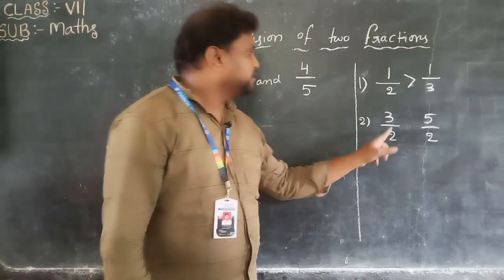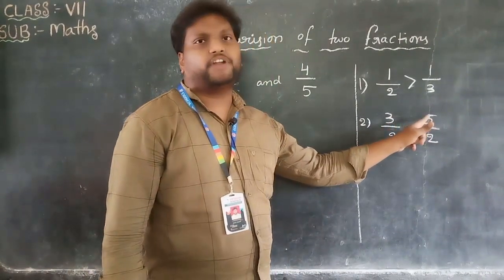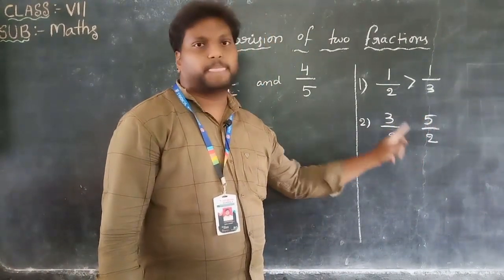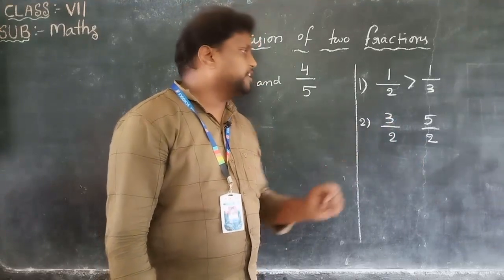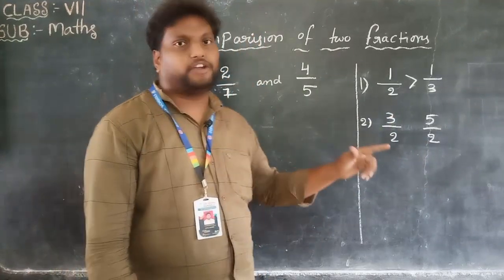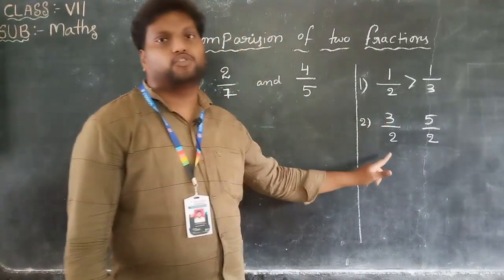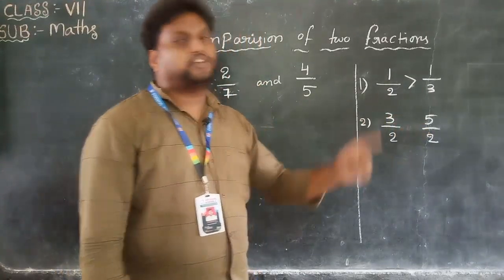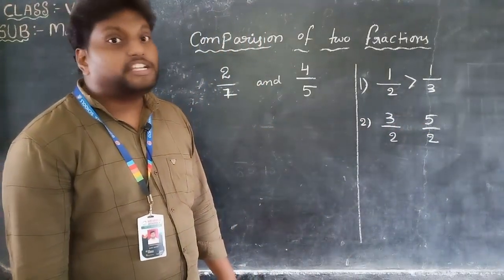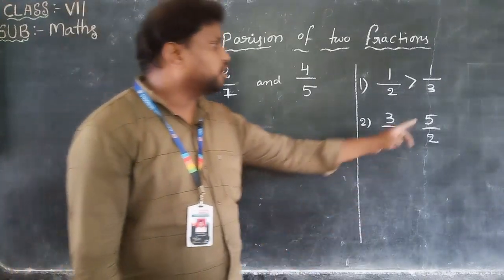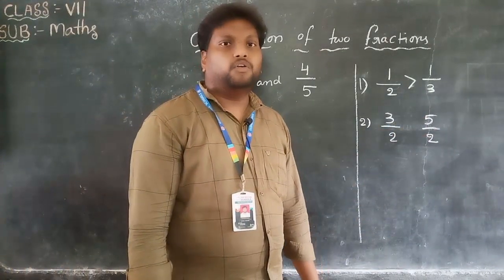Next, the second case. In the second case, numerators are different and denominators are equal. 3 by 2 and 5 by 2 means 3 chocolates for 2 members and 5 chocolates for 2 members. Who will get more?